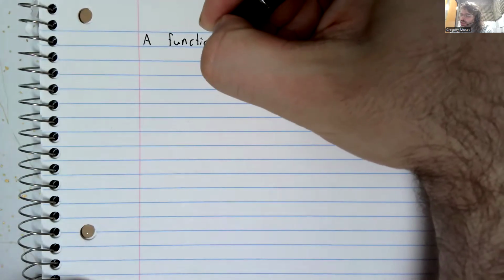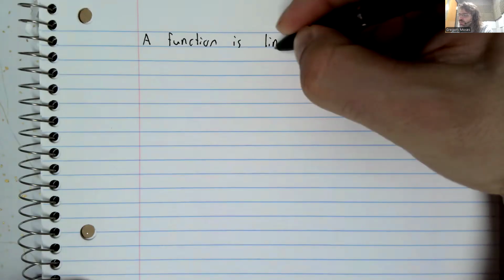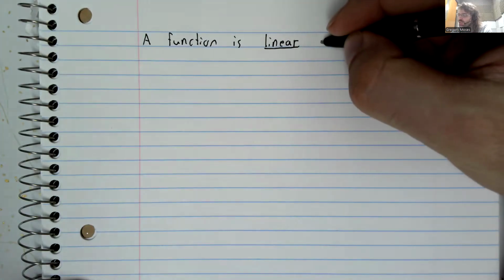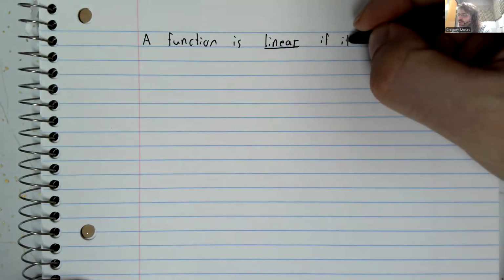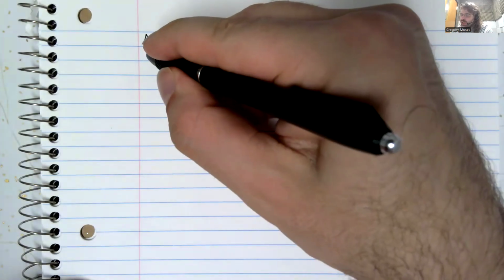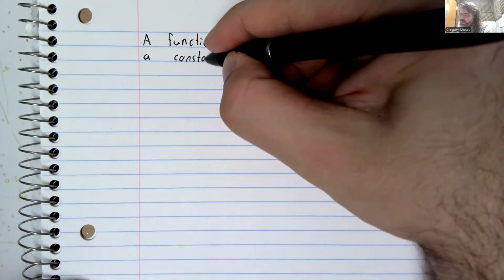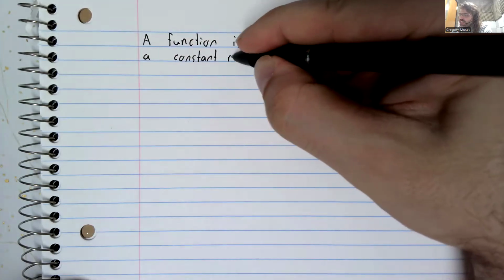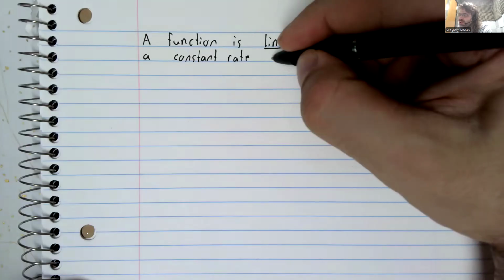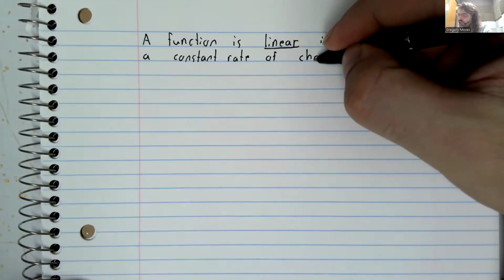A function is linear if it has a constant rate of change.